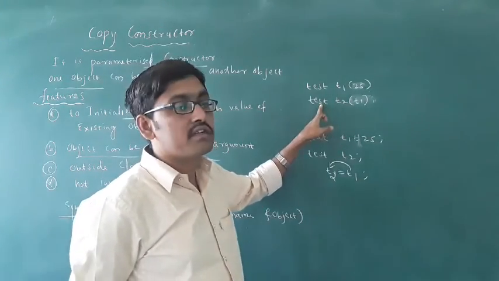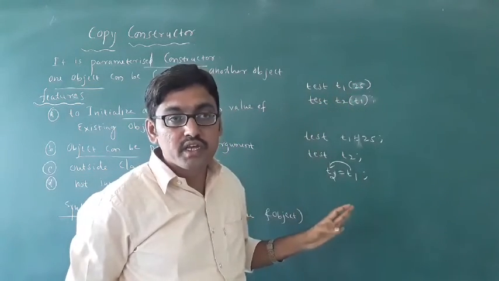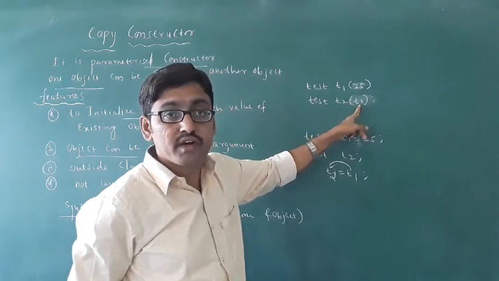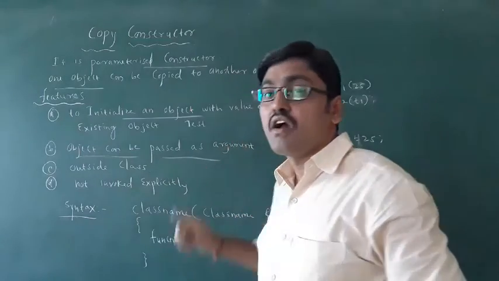It means what? See, nothing but t1, it has a value 25. Okay, t1 means how much now? 25. See, this object can be passed as an argument.